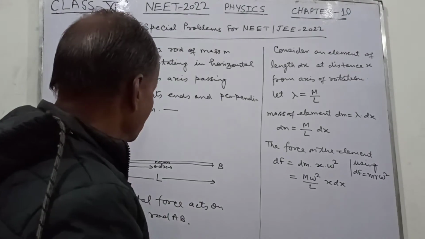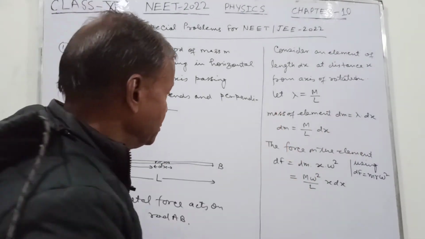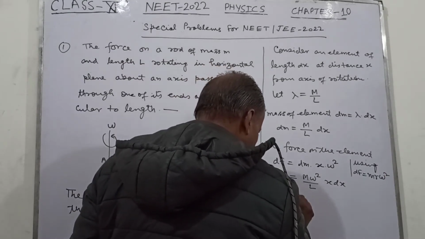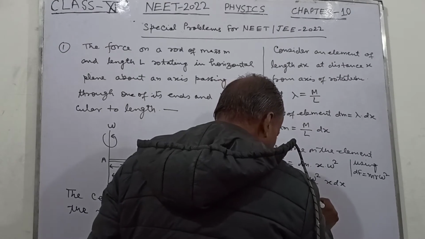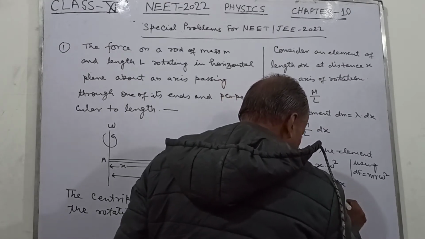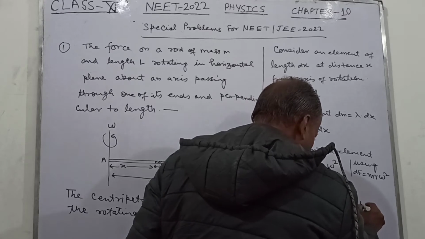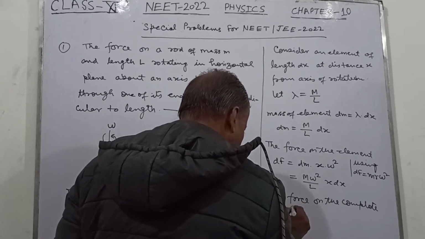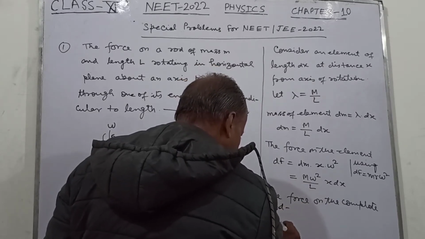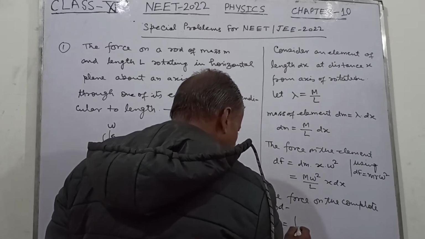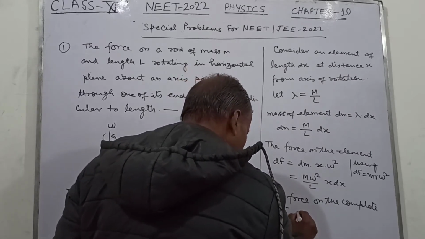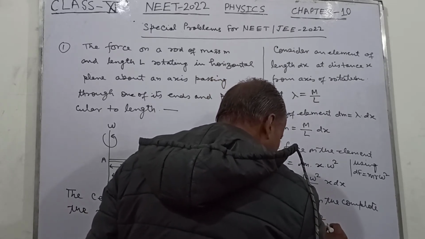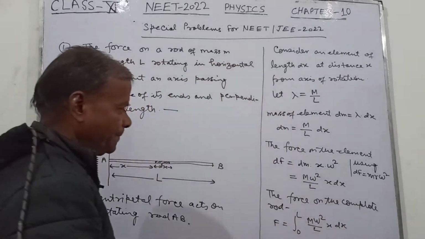So now the force on the whole of the rod will be how much? Therefore, the force on the complete rod: F is equal to the integration from 0 to L of m omega square upon L into x dx.